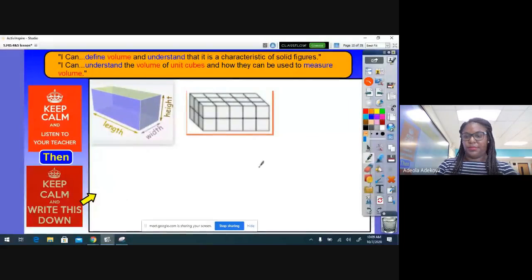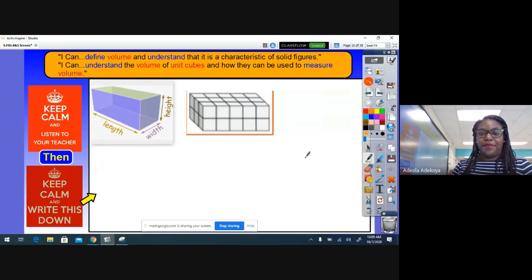All right, so we just watched that short video on measuring with unit cubes. And so we're going to go ahead and do a quick practice with that as well. I would again share my entire screen, so that way we can use the Active Inspire. So using the formula length times width times height, notice that I'm going to go ahead and plug that in here.